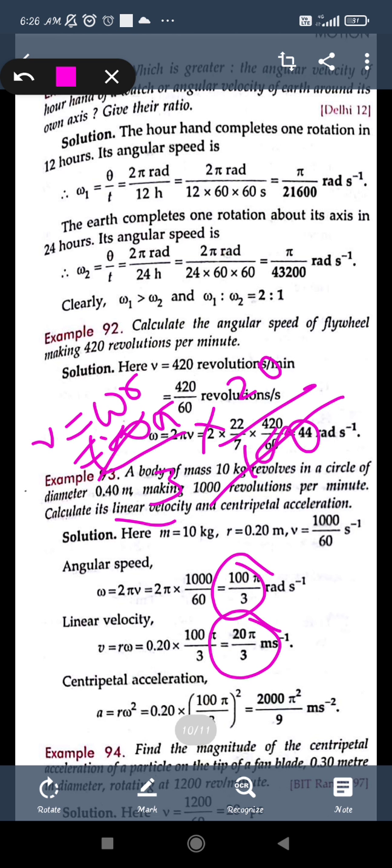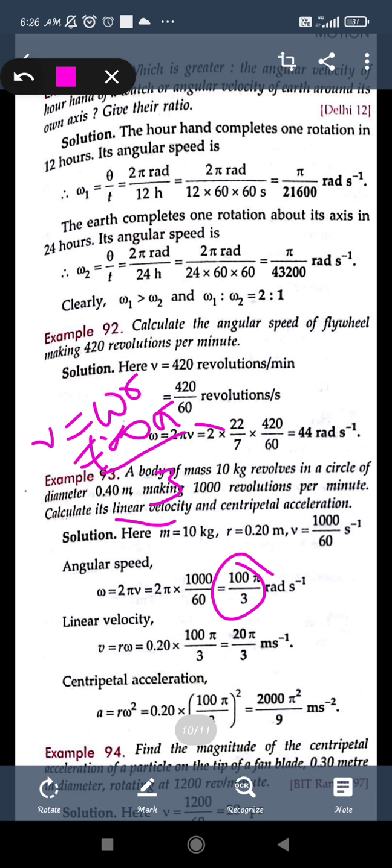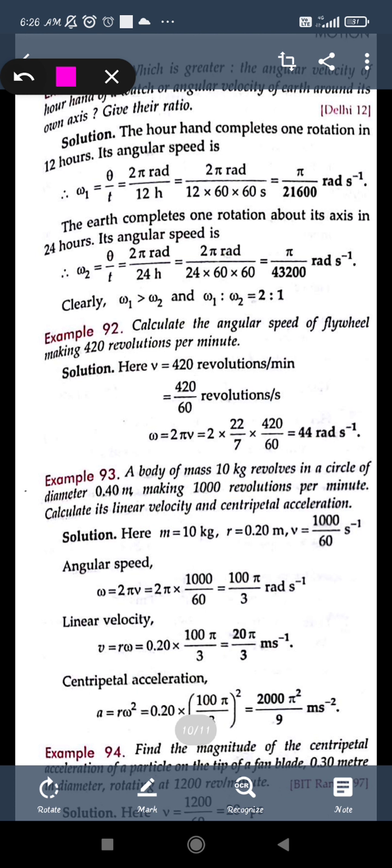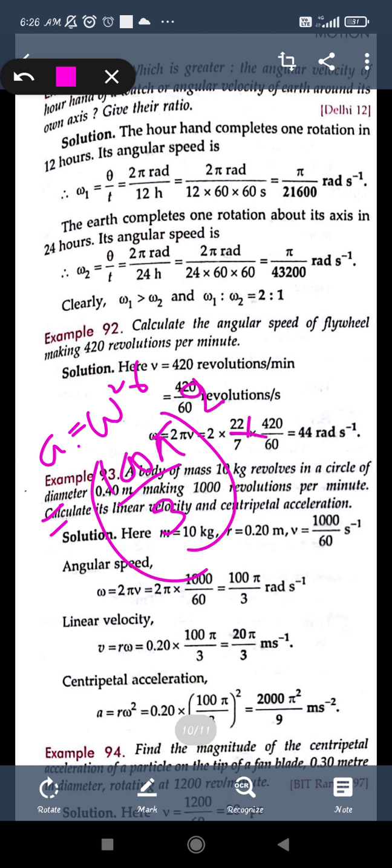Now we have to find the centripetal acceleration, a equals omega square r. We have the value of omega and r. Omega is 100 pi upon 3, whole square, into 20 upon 100.